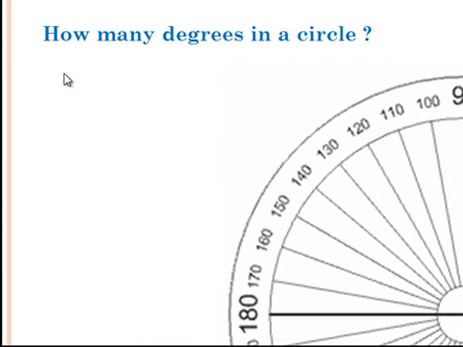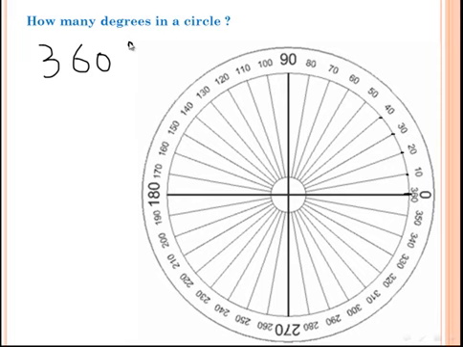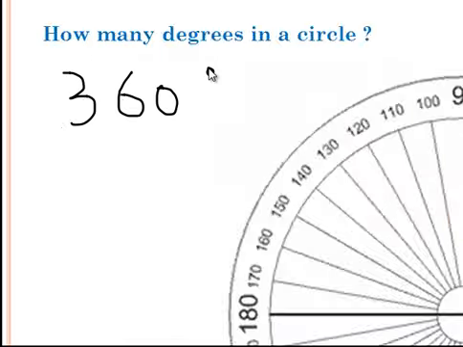In fact, there are 360 degrees in every circle all over the world. Any circle, can you see? Great.